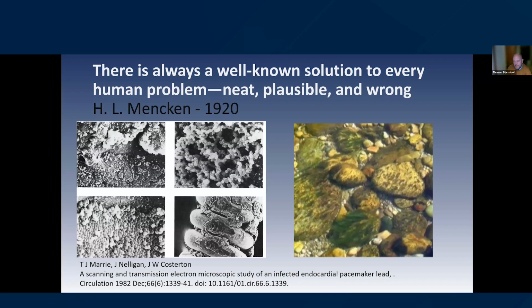Bill Costerton had been examining rocks and surfaces in alpine creeks in Canada. Here he saw that the slimy surface on the rocks was a biomaterial with bacteria embedded in it, so he termed that biofilms. When he saw the bacteria on the surfaces here, he immediately made the correlation that this was also the cause of infection, and that's why it's called a biofilm.